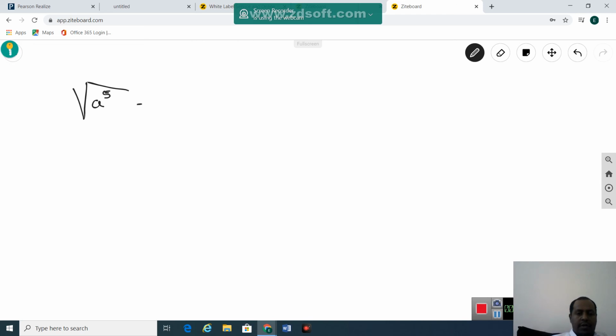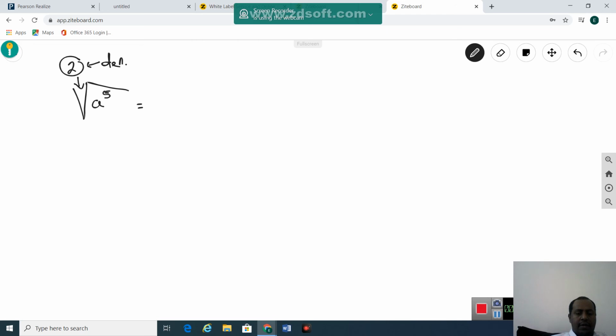To do this, the first thing I need to do is identify the index. In this case, nothing is written, which means our index is 2. And from our key concept, we know that the index is the denominator of the exponent.